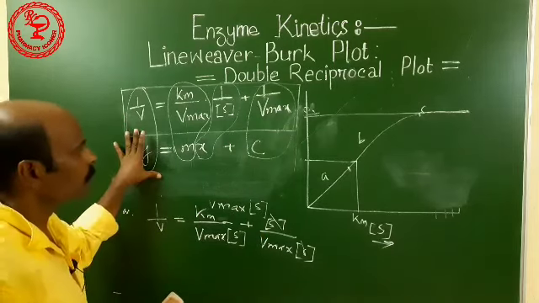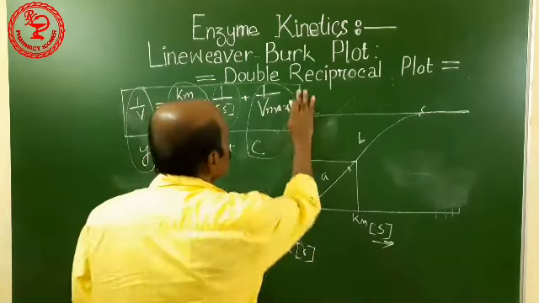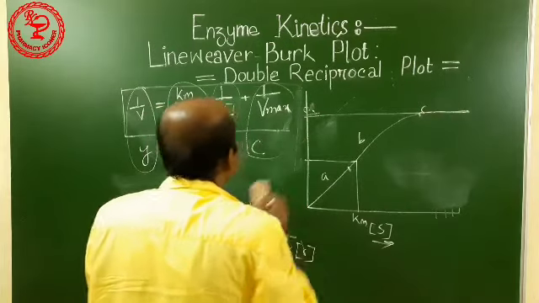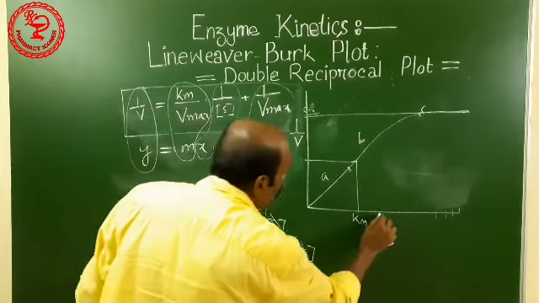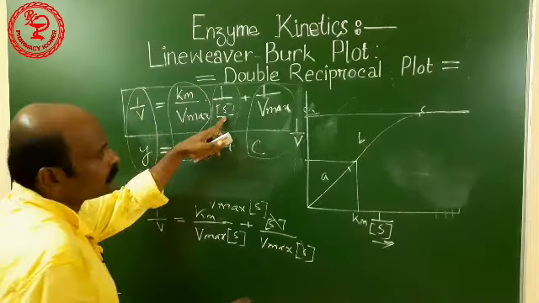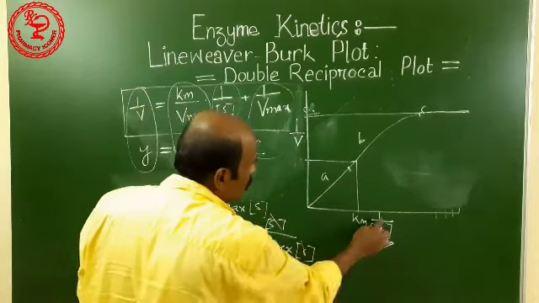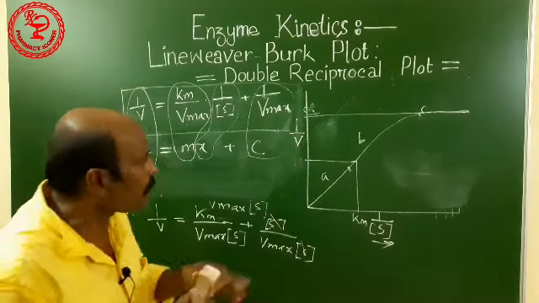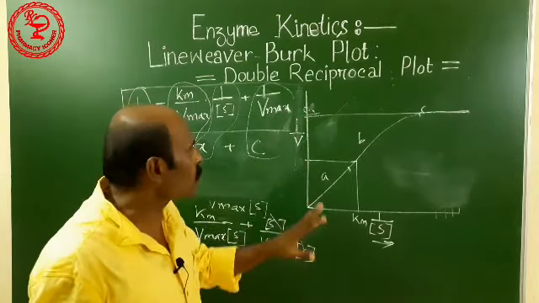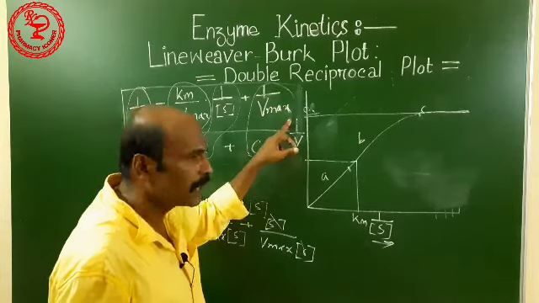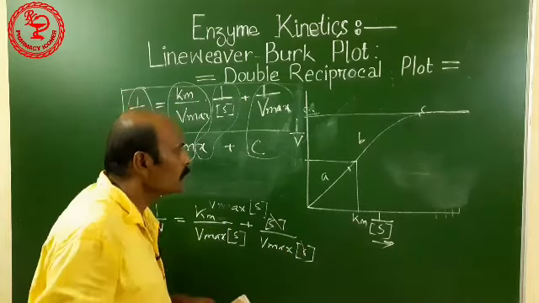Now if we plot this equation, we plot 1 by V versus 1 by substrate concentration. For this reason it is called the double reciprocal plot, because we are taking 1 by V, the reciprocal of V, and 1 by substrate concentration, the reciprocal of the substrate concentration.